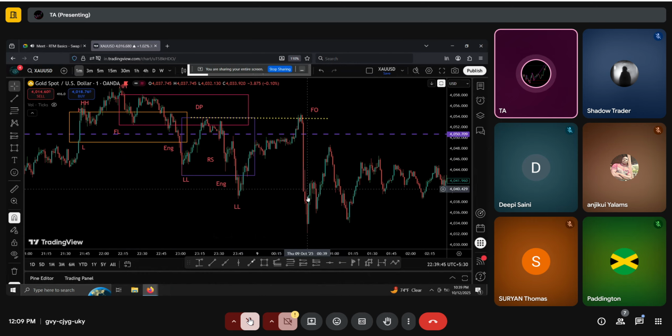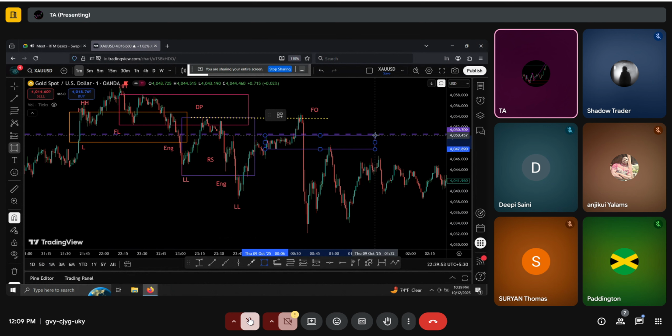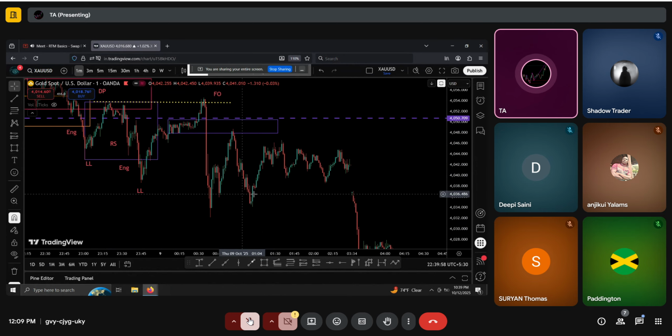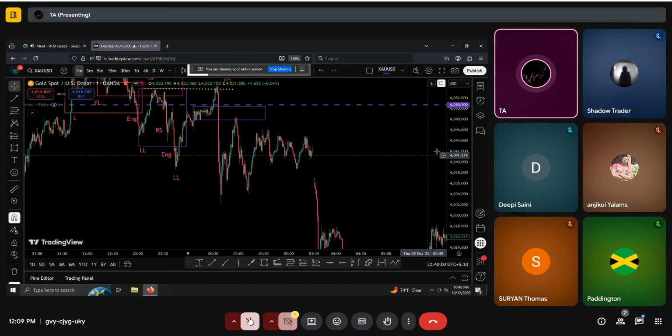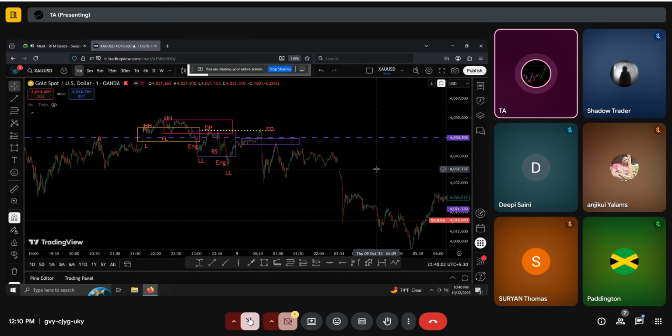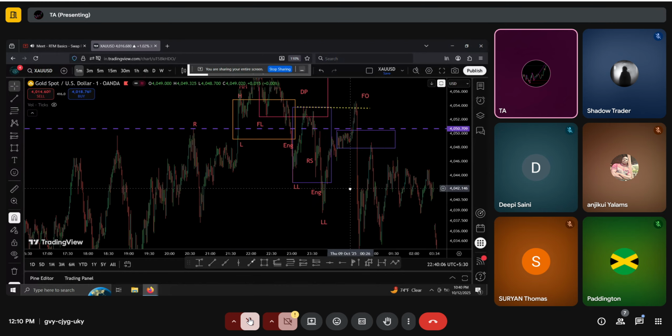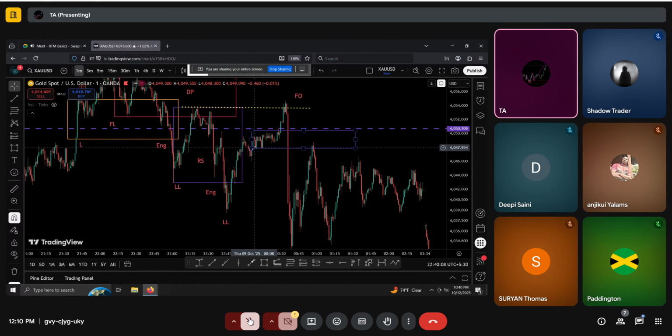If you see this, after going down, price goes up and falls down from this zone, this area, right? Price goes up, fell down from this area, and fell this heavily. So that means this was a very good fake out, and especially traders entered here.